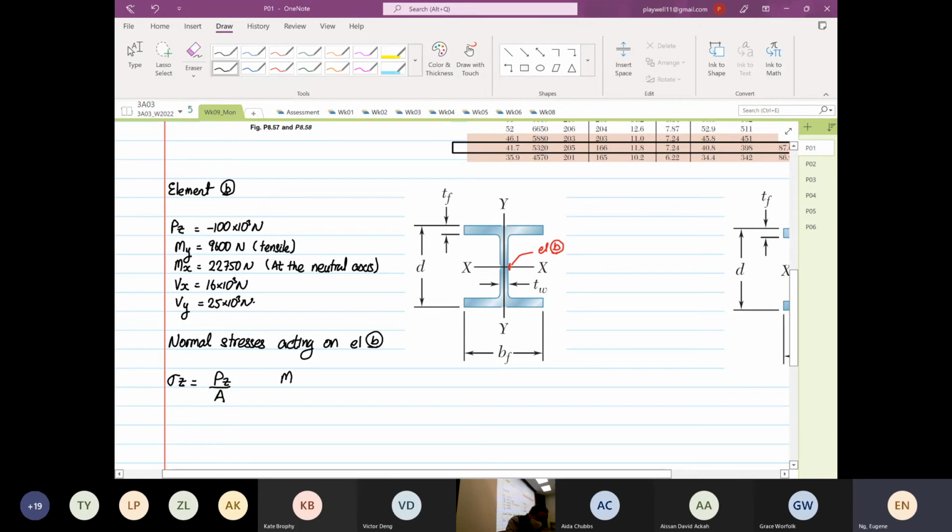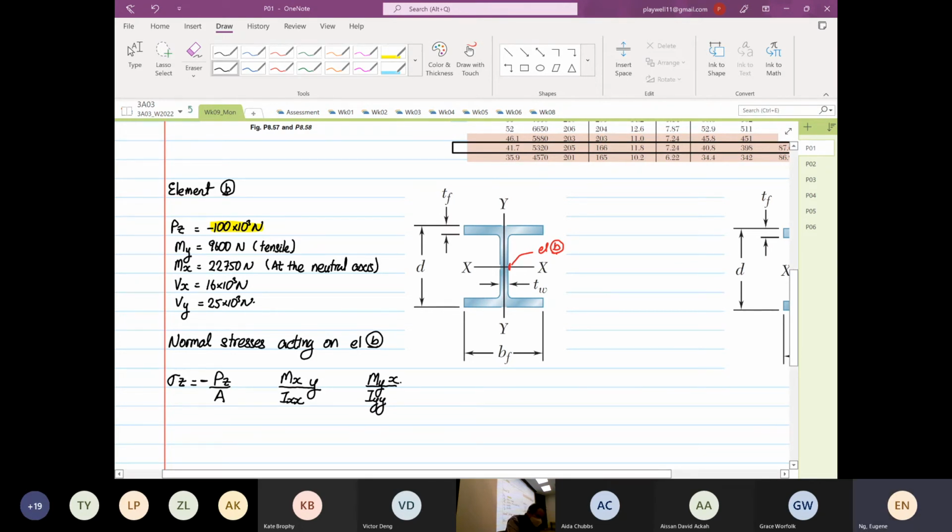So we have Mx over Ixx multiplied by y, and My over Iyy multiplied by x. And we are aware that the axial load along the z-axis will induce minus 100, as you can see over here. So we know that this will be a minus.